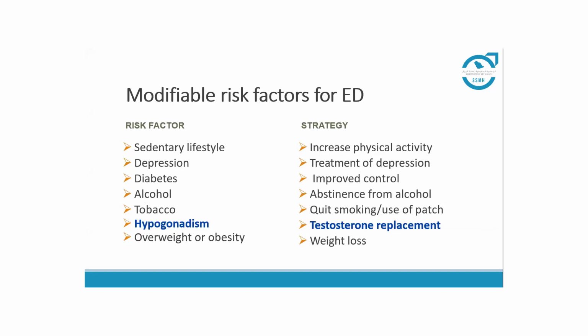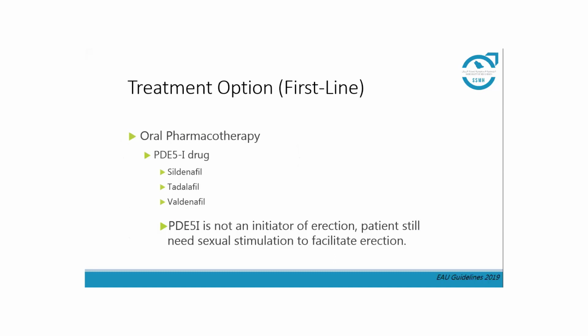If patients use alcohol or tobacco, then help them with quitting alcohol and tobacco. If the patient is having hypogonadism, then initiating testosterone replacement therapy will be helpful. If the patient is overweight or obese, weight loss will help some of those patients.